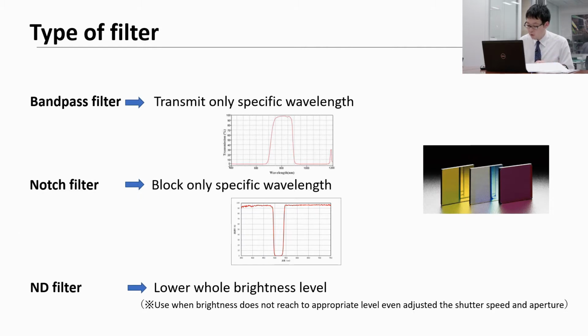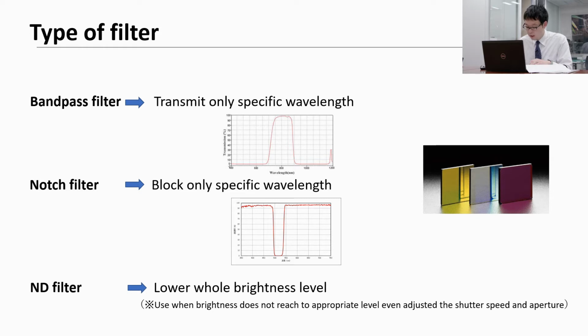Next, we will share with you the types of filter we usually use for shooting welding. There are mainly three types. First one, a bandpass filter. A bandpass filter is a filter transmitting only specific wavelengths. Second one, the notch filter.